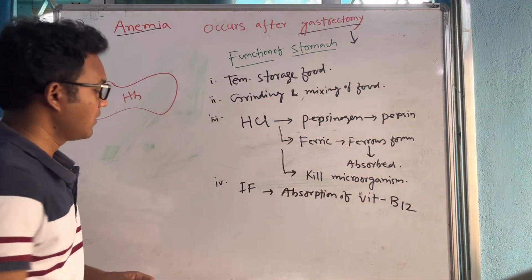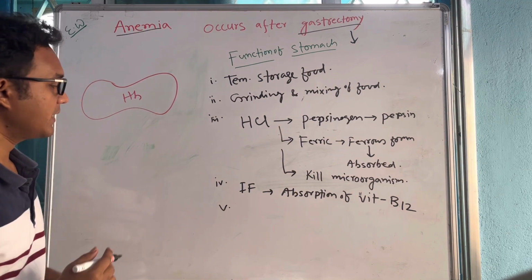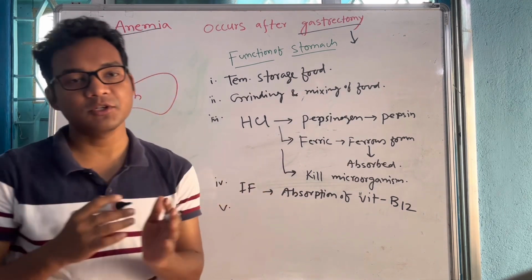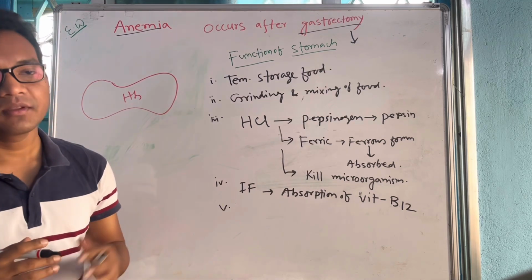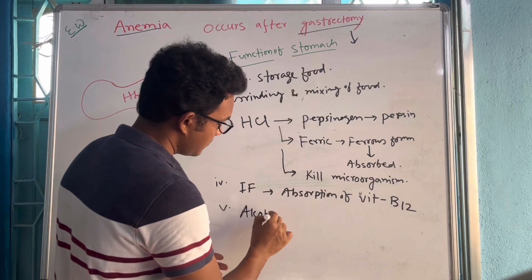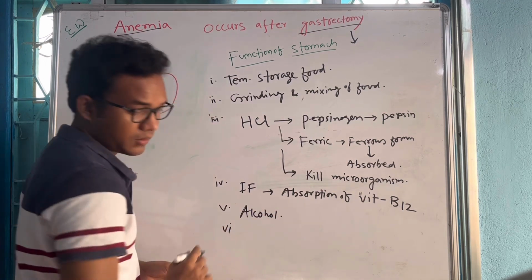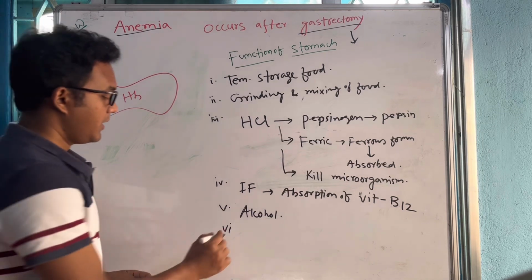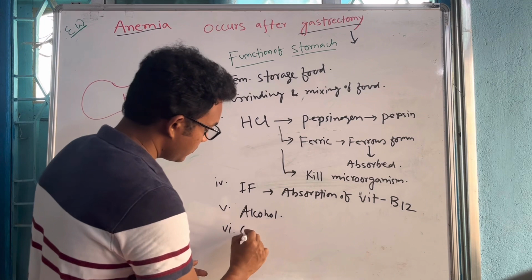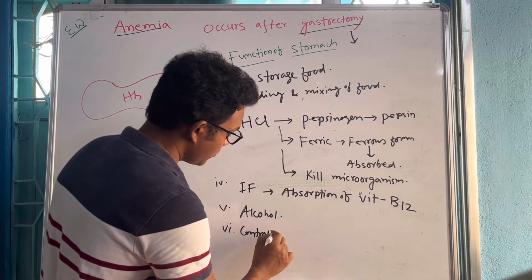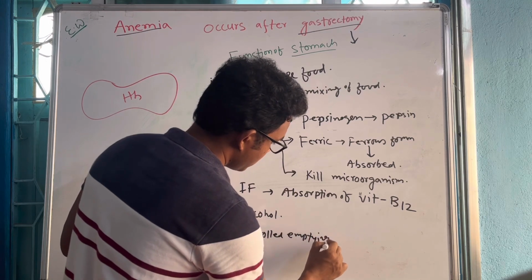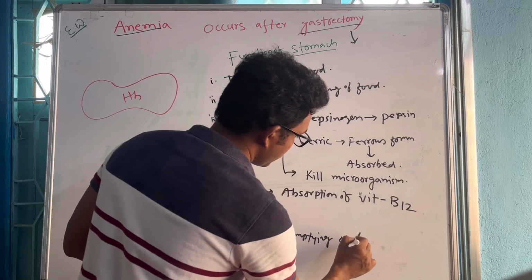And the next function of the stomach is absorption of H2O and lipid soluble substances, such as alcohol. Clear? And the last function, the stomach also controls emptying of food.